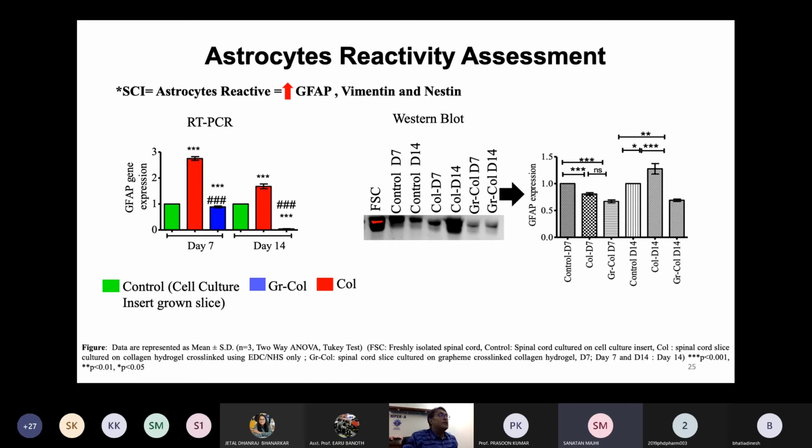We have seen this in the literature, and graphene has shown the capacity of modulating the expression of astrocytes. We have checked it at the protein level as well. We compared both day 7 and day 8, and the overall conclusion is that GR-Col is actually controlling the astrocyte reactivity.